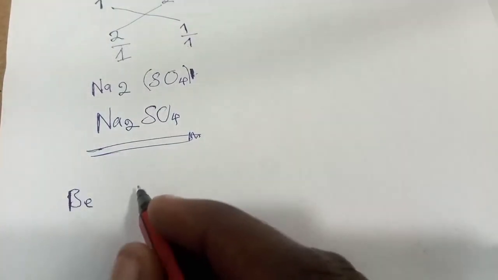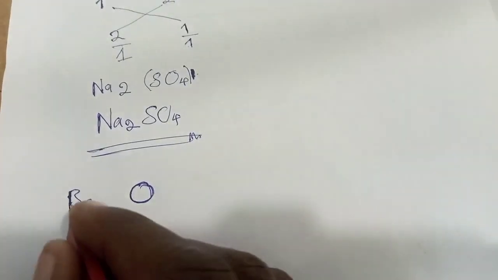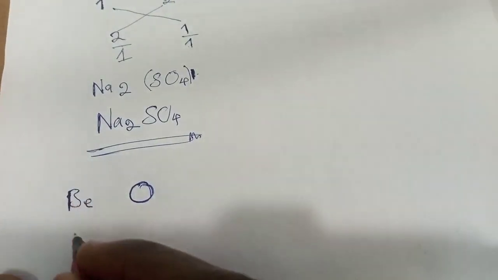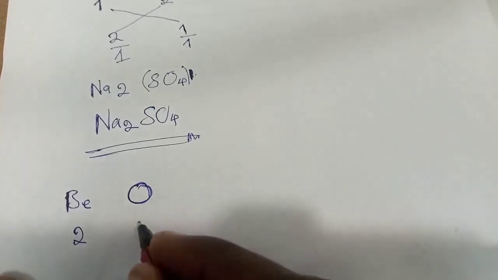They said beryllium oxide, so this is oxygen, O. What is the valence number of this? Here beryllium has a valence number of 2. Since it is in group 2, it is a metal, meaning that it gives 2. Oxygen is a non-metal, so it receives 2. As simple as that.